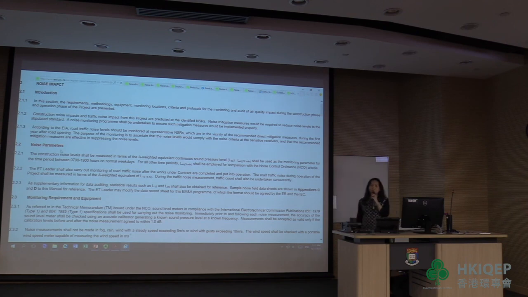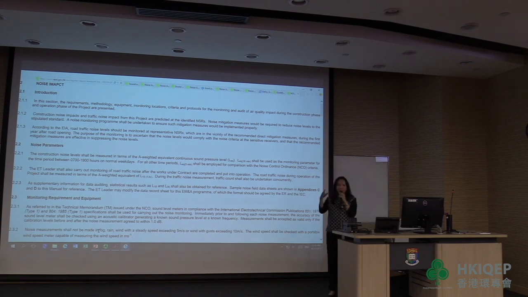For road traffic noise, we usually have to do the noise measurement during the peak traffic hour to assess the worst-case traffic noise impact, and also the monitoring requirements, including the equipment used, the common sound level meter requirement specification, and also some of the typical conditions, like noise measurement shall not be made in fog, rain, and wind with steady speed exceeding 5 meters per second, or wind with gusts.